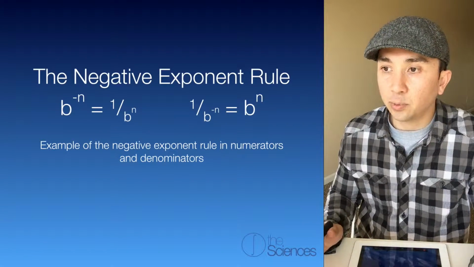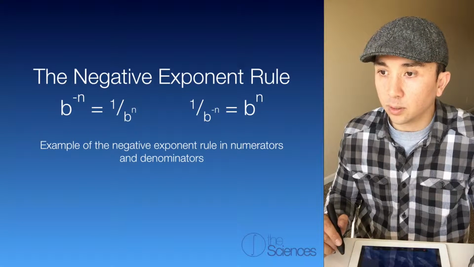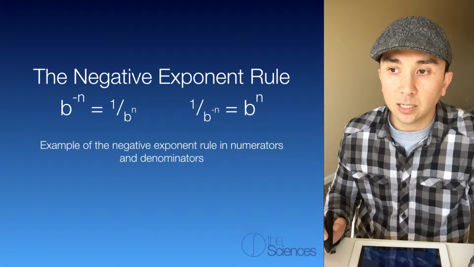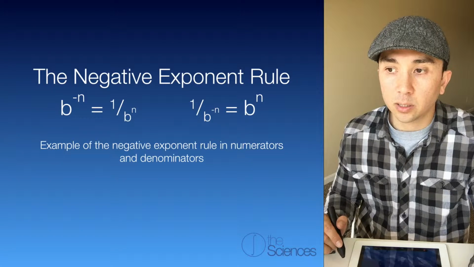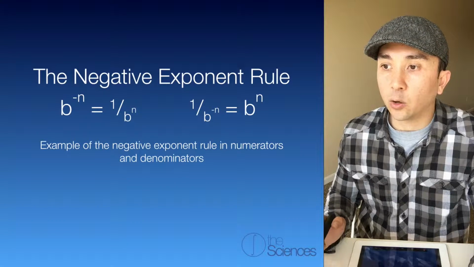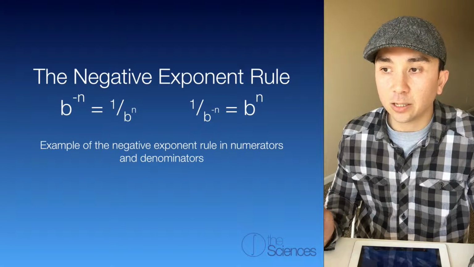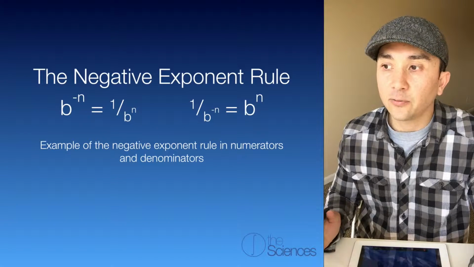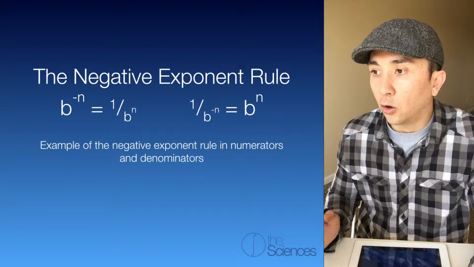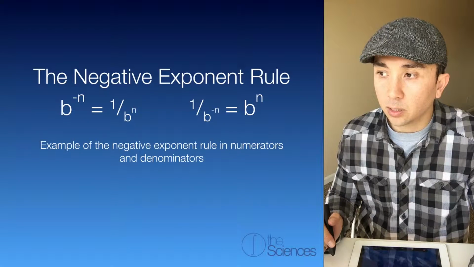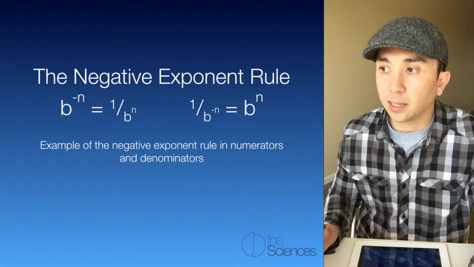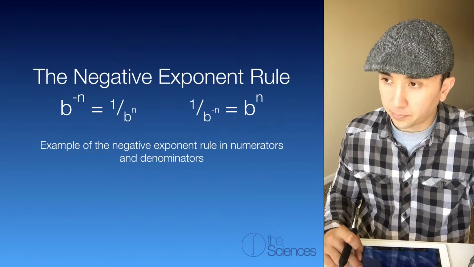So here's an example of the negative exponent rule. If you have b raised to the negative nth power, all you're going to do is write 1 over b to the nth power. And then if you have 1 over b to the negative nth power, all you're going to do is write that as b to the nth power.